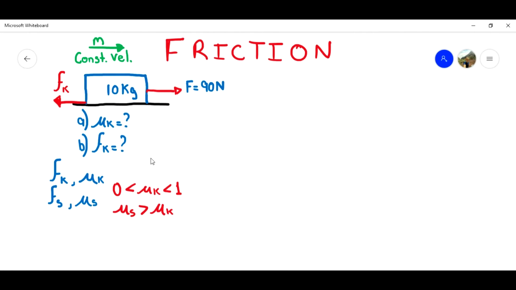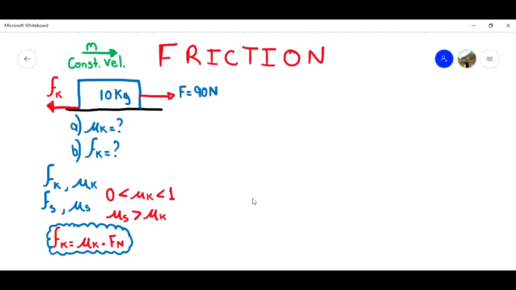Now the formula that we are going to use is this one. The kinetic friction force equals the coefficient of friction times the normal force. This is the only new formula that we are going to use in this problem. We're going to use many other formulas, but this is the only one that is new.